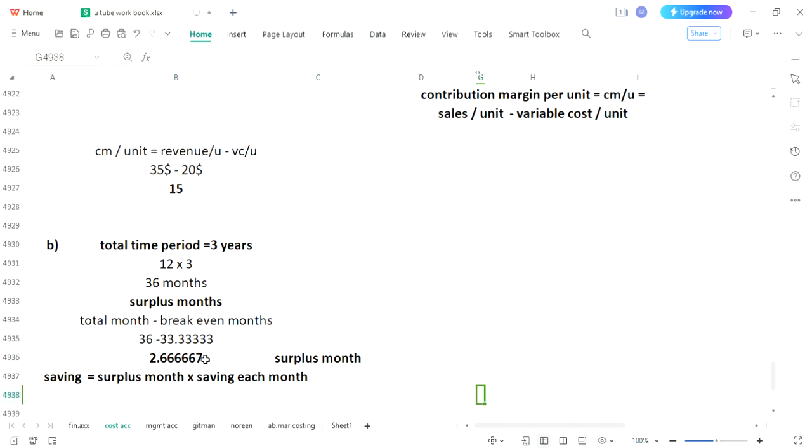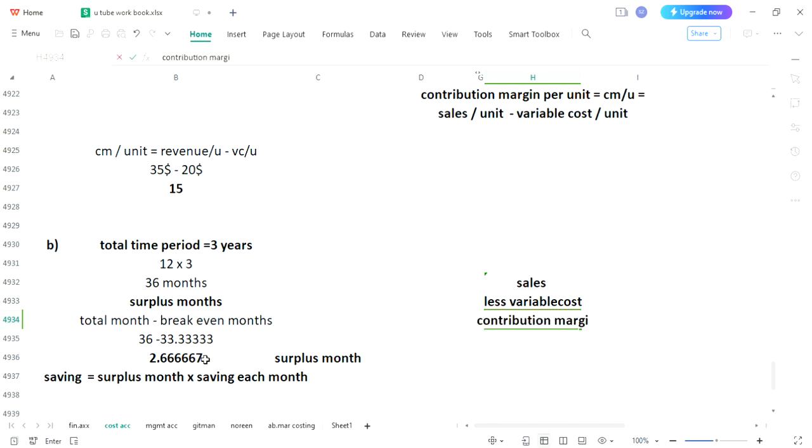To determine saving each month, come over here. As you know, we have the contribution margin format income statement where we see sales and then we subtract variable cost, with which we determine how much your contribution margin is.